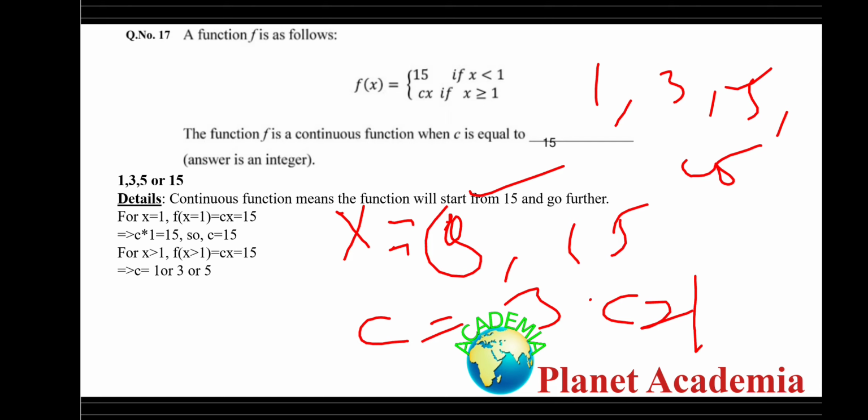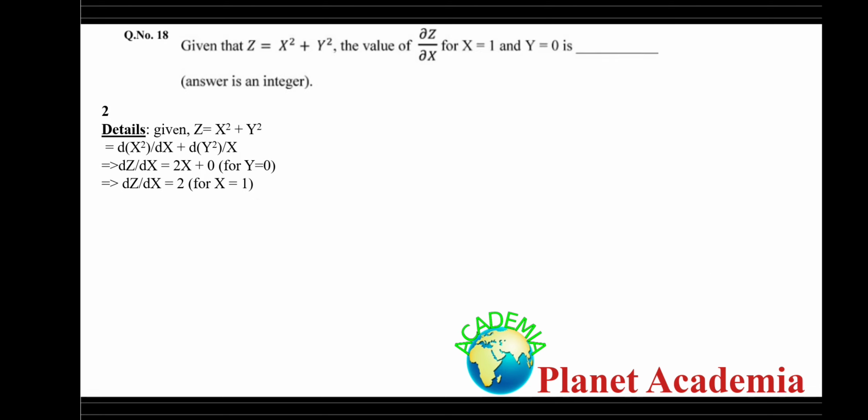Now going to the next question. Given that z equals x squared plus y squared, the value of partial z by partial x for x equals 1 and y equals 0.